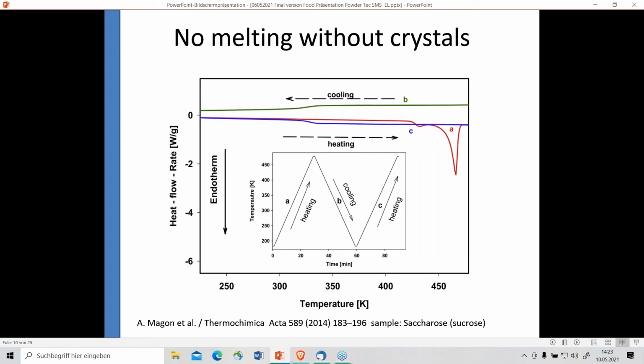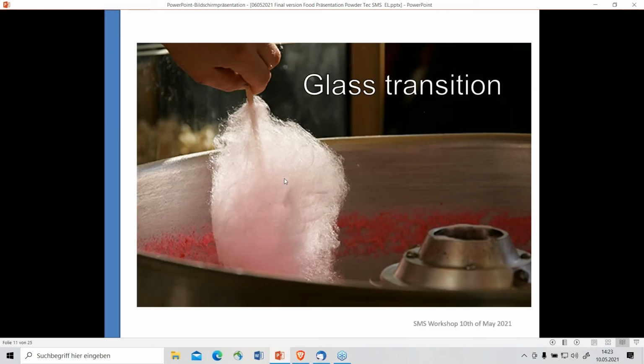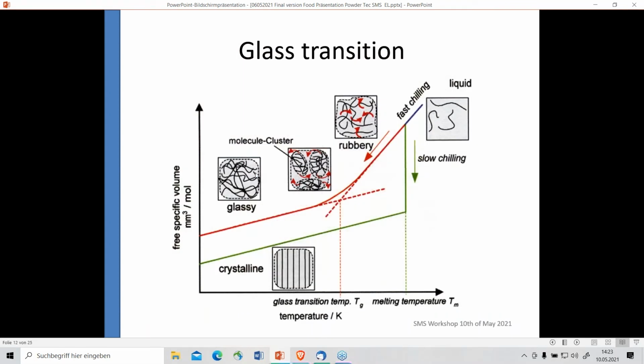And one big issue is also the glass transition temperature. If we take a short look at the glass transition, otherwise I think we are running out of time, we will find that the system always has two ways to answer. If we start from the melt and start cooling, you just have two ways.